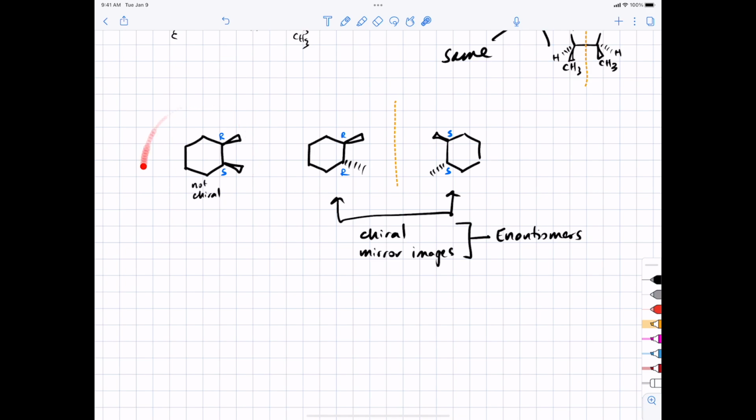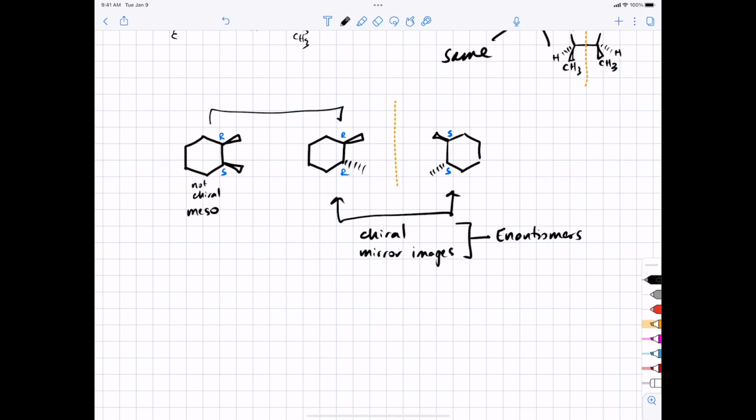Now, this one is the meso compound. It doesn't have an enantiomer. It is its own enantiomer, but it's not chiral. These three are stereoisomers of each other. Remember, the word we use for any kind of stereoisomer other than enantiomer is diastereomer.